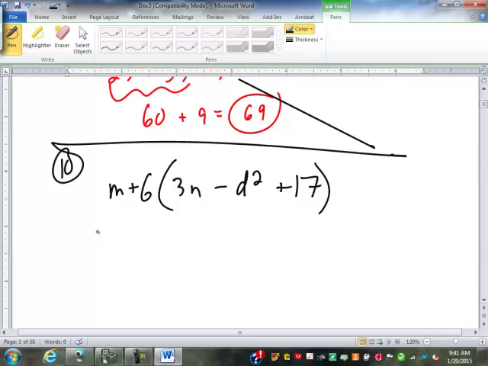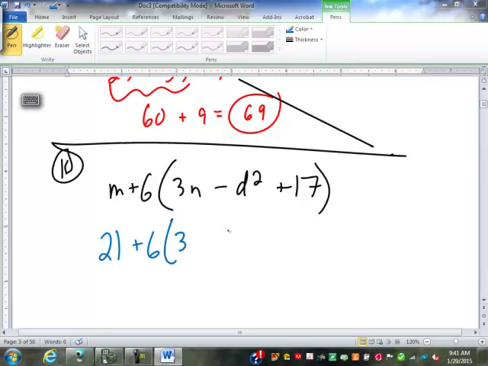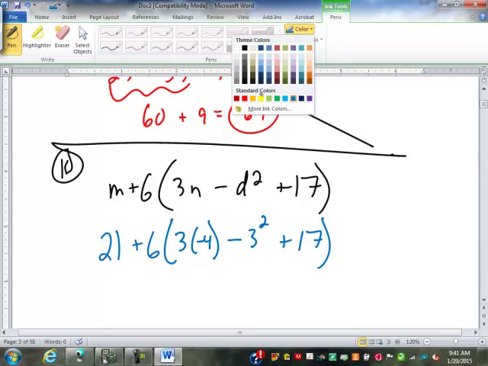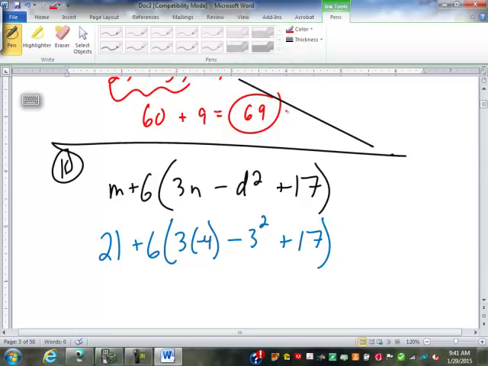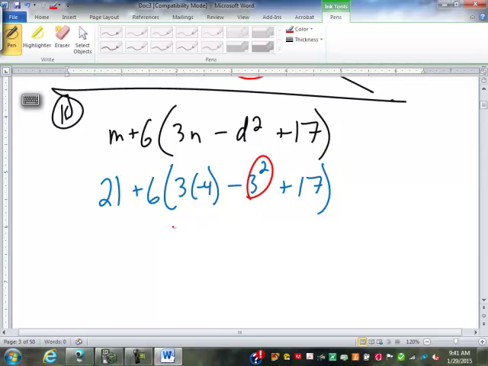For m equals 21, so I'll put 21 in for m. n equals negative 4, so 3 times negative 4 minus d is 3 squared. So now we start in the parentheses. In the parentheses, we have an exponent. 3 squared is 9.